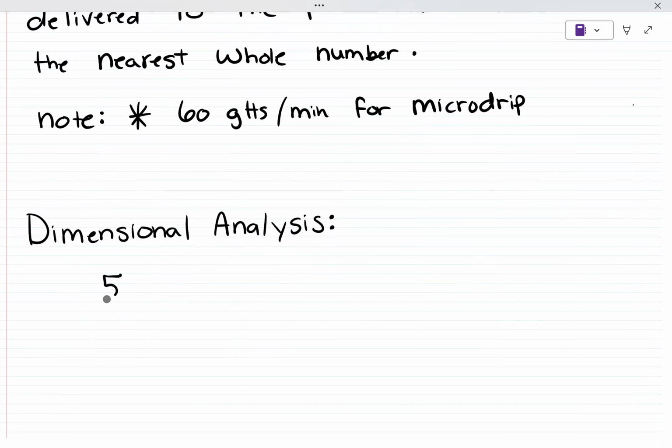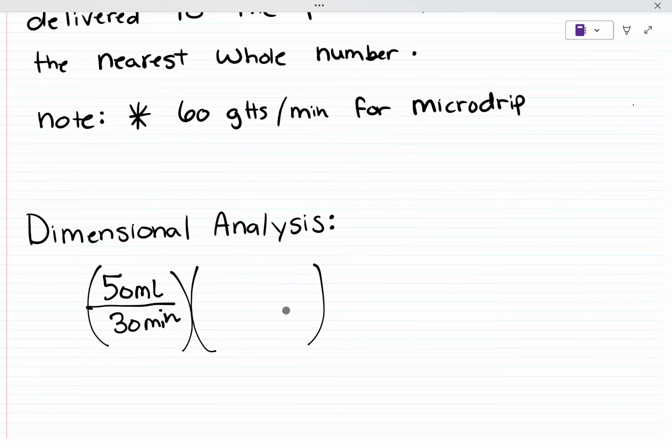So we could say 50 ml per 30 minutes, and then we're going to multiply that. Our goal is to have GTT per minute. That's our final unit. So the minutes is good.